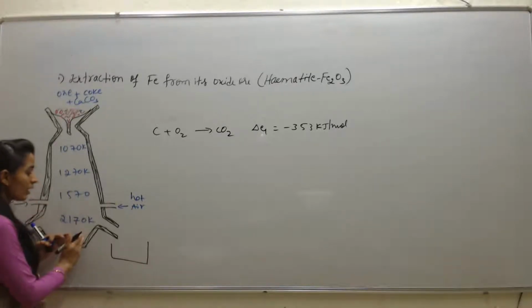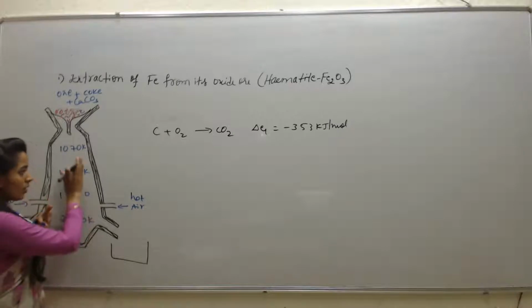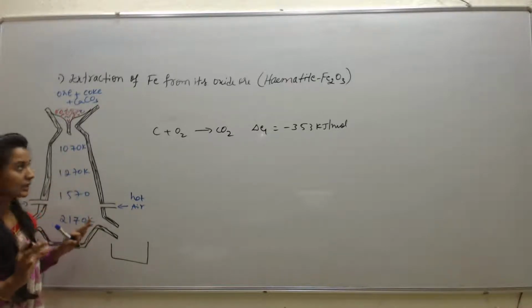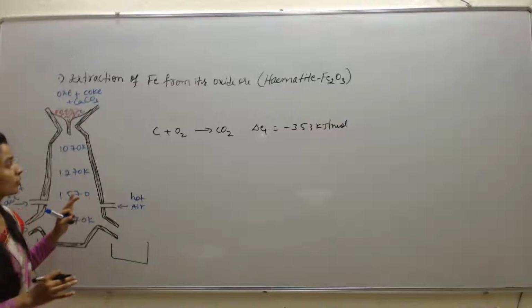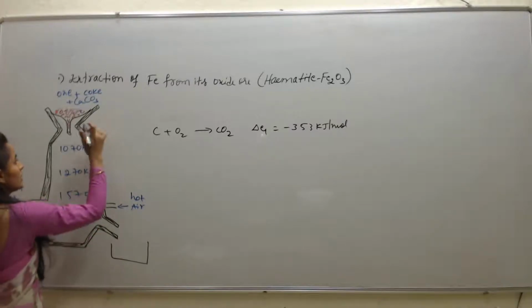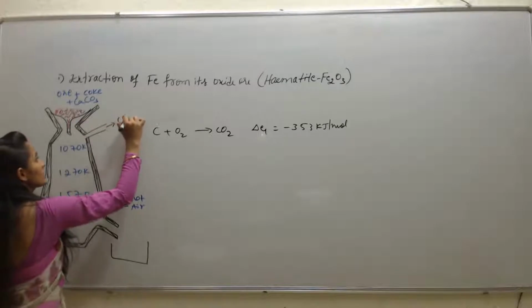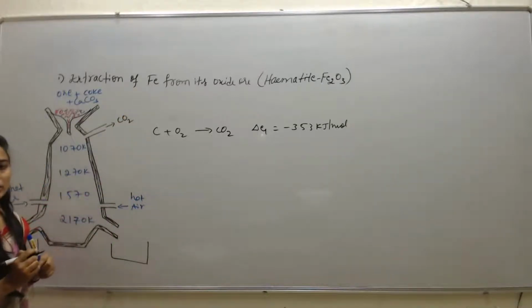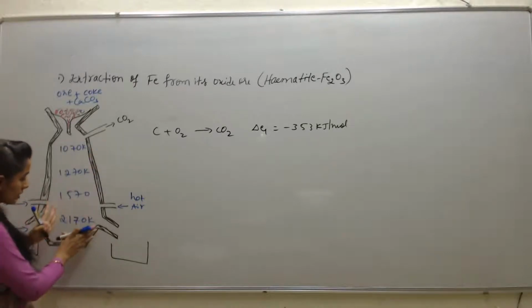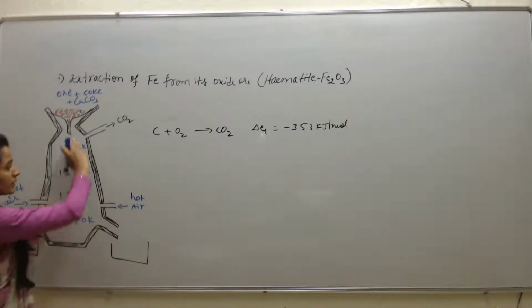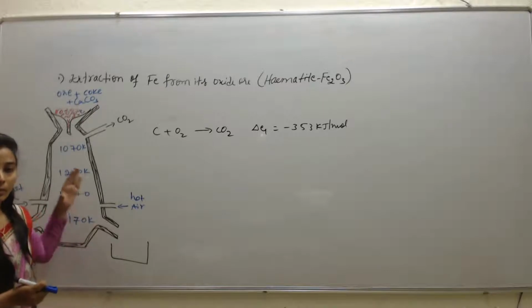This carbon dioxide moves upwards, as it is a gas. Here one valve is there; this valve is to escape CO2 gas. The CO2 gas formed here moves upward in the blast furnace.